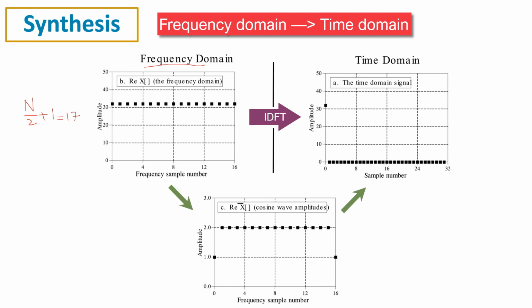If it is the frequency domain, the time domain signal will be twice that, minus a couple of points. So this one has 17 points, 0 until 16, which means the total number of points in the time domain will be equal to how many?